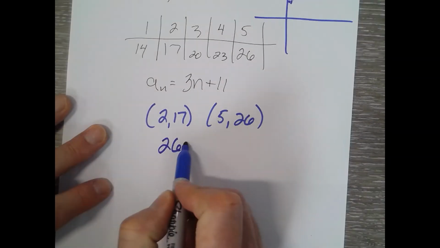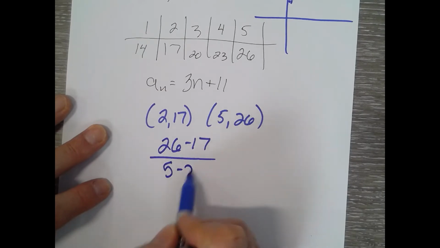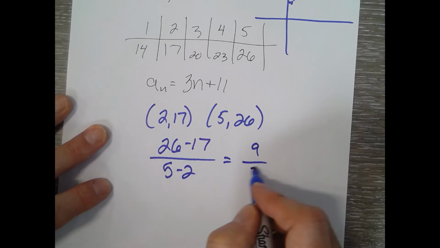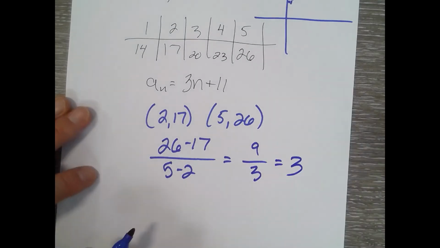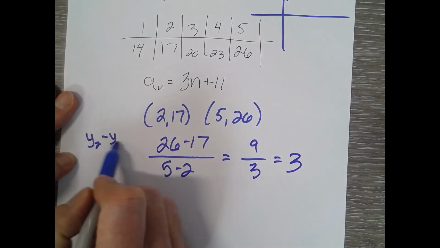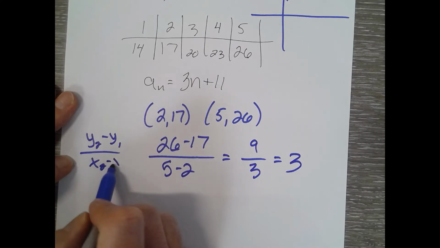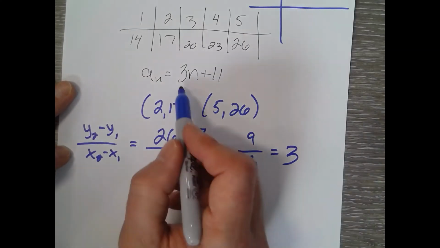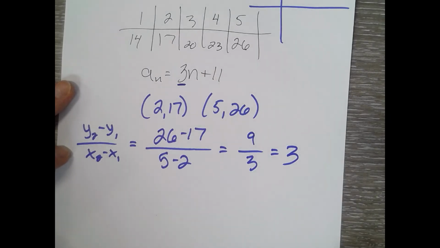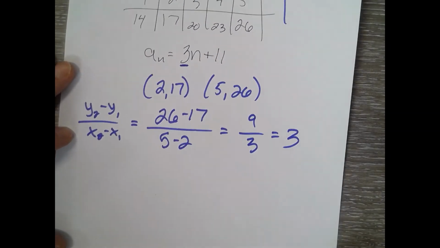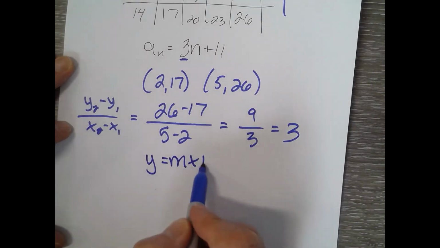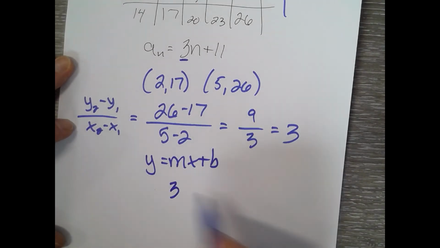26 minus 17 over 5 minus 2 gives me 9 over 3, which is 3. This is the slope formula. That's what I just did. Okay, so we know our slope is 3. Well, we already know that. And we could also find the y-intercept by doing mx plus b. So my slope is 3. I need one of the two ordered pairs.